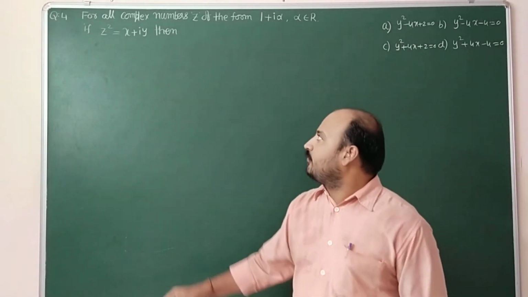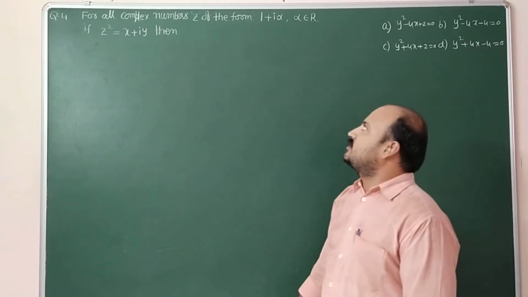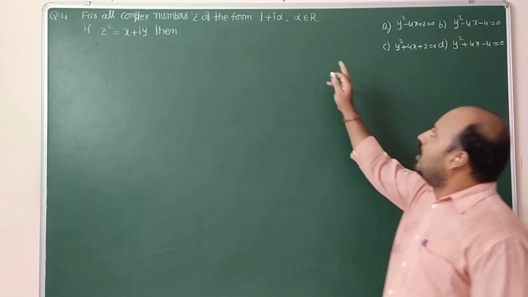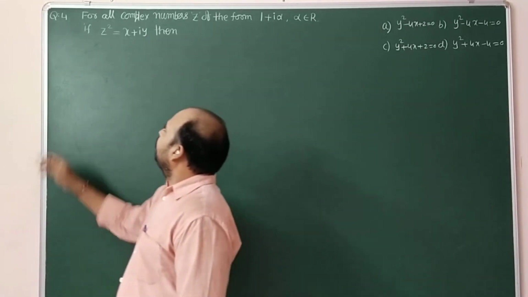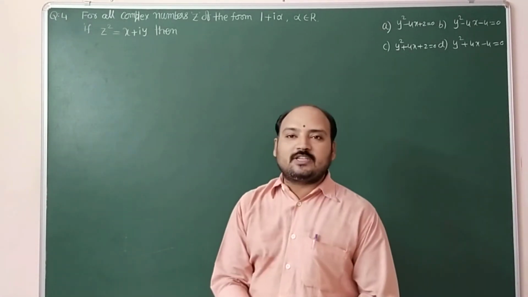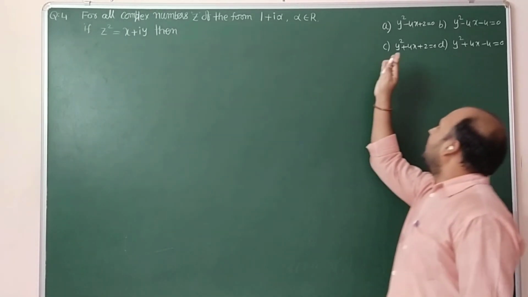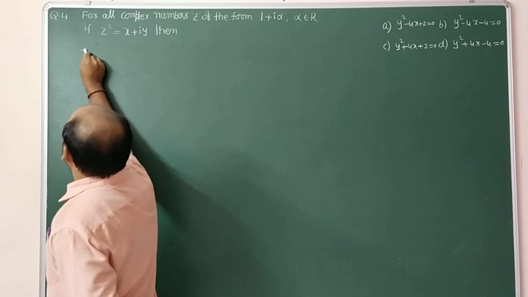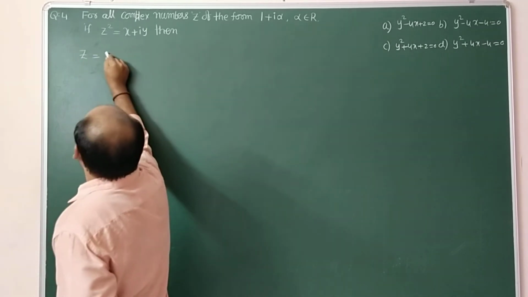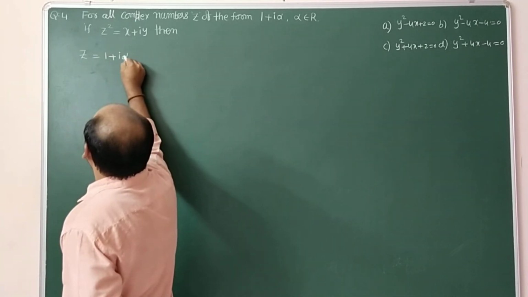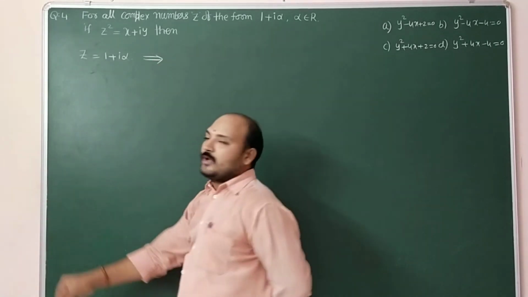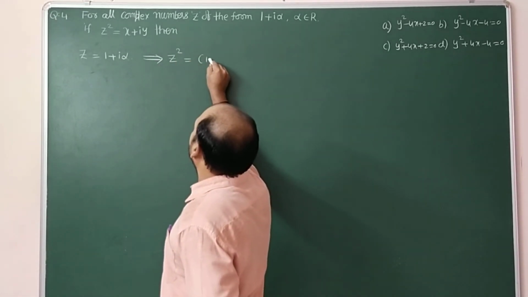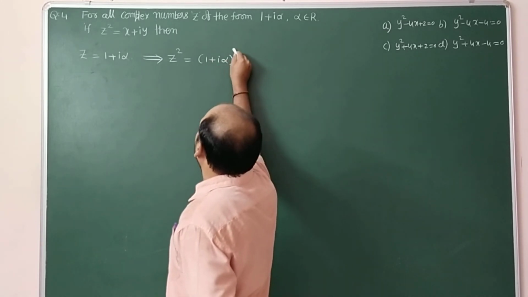The next question. For all complex numbers z of the form 1 plus i alpha, alpha belongs to R, if z square equals x plus iy, then the following. So first, z is equal to 1 plus i alpha. Squaring on both sides, z square equals 1 plus i alpha whole square.